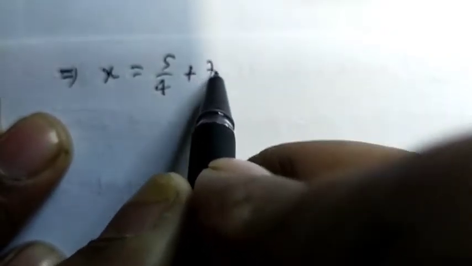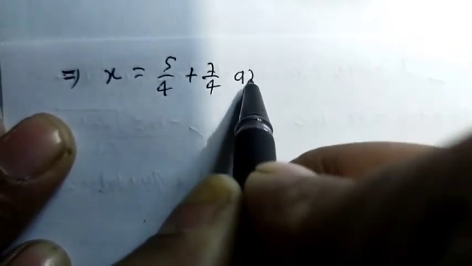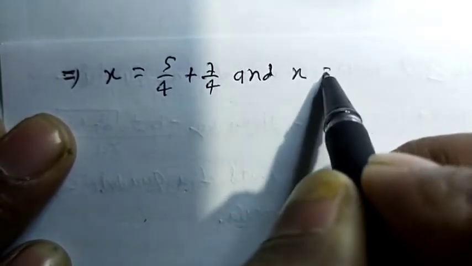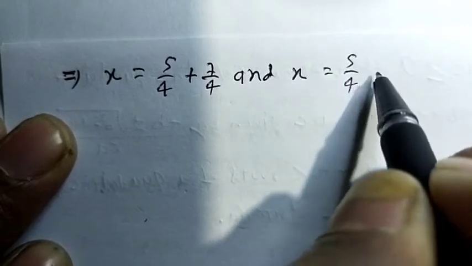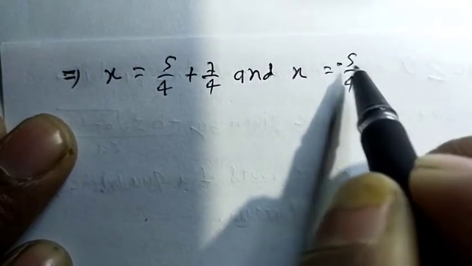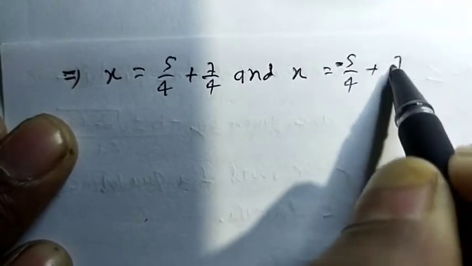This implies x is equal to 5 by 4 plus 7 by 4, and x is equal to minus 5 by 4 plus 7 by 4.